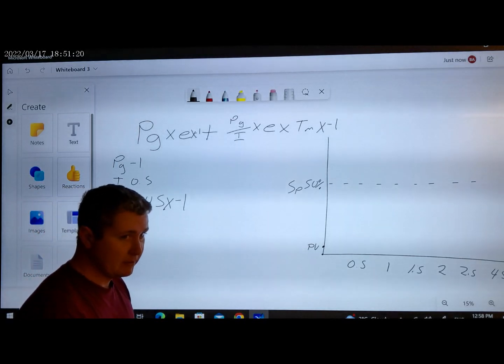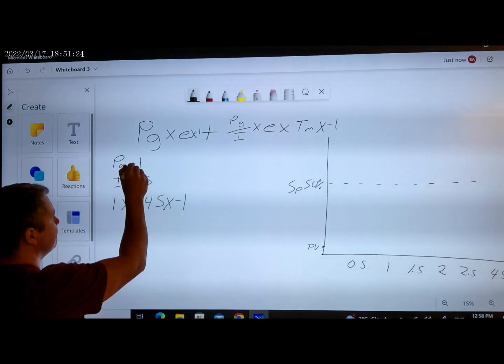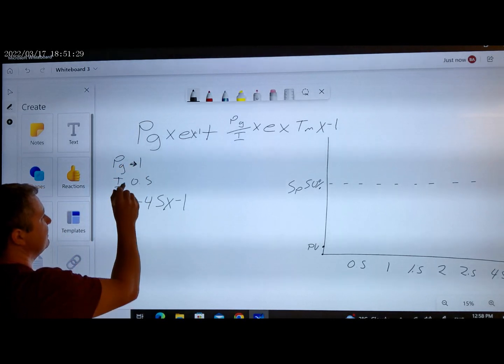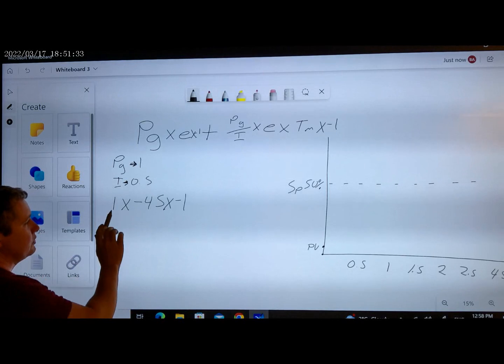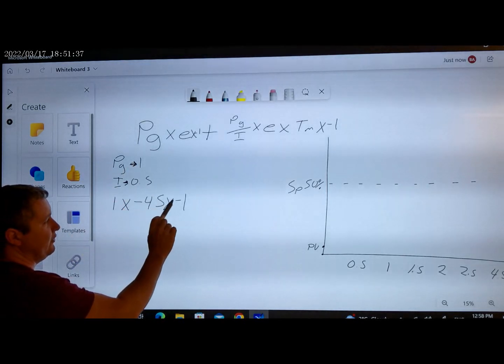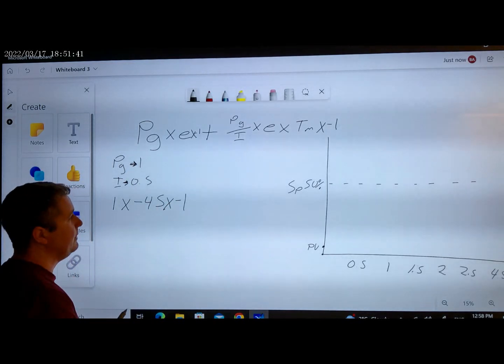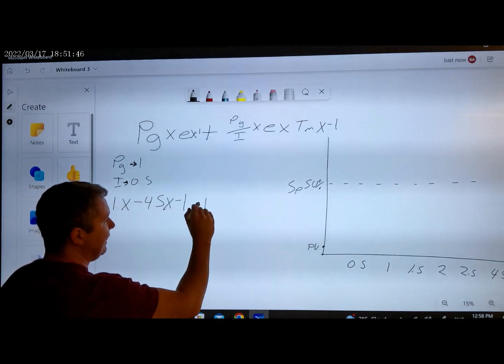So proportional gain equals 1, integral equals 0.5. So 1 times our error of minus 45 times negative 1.